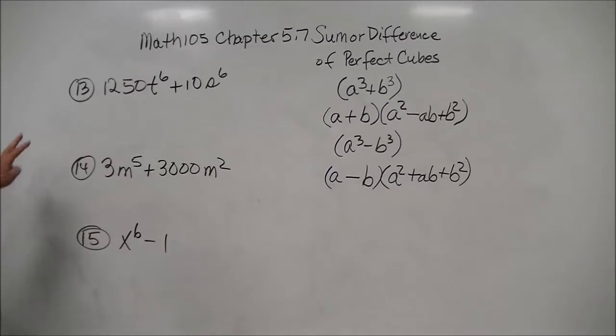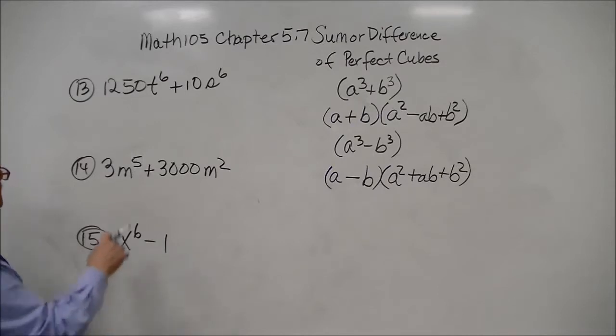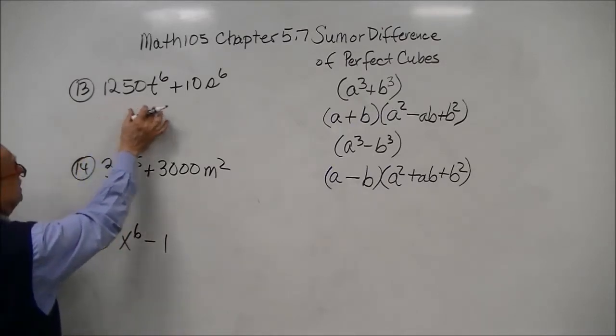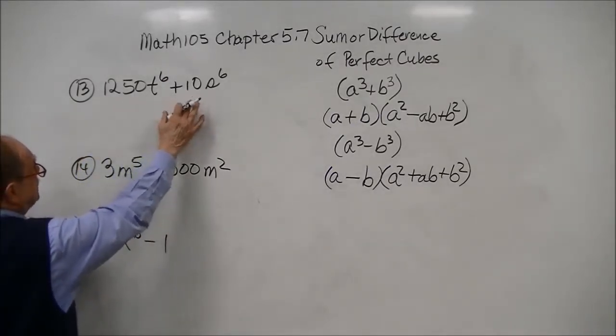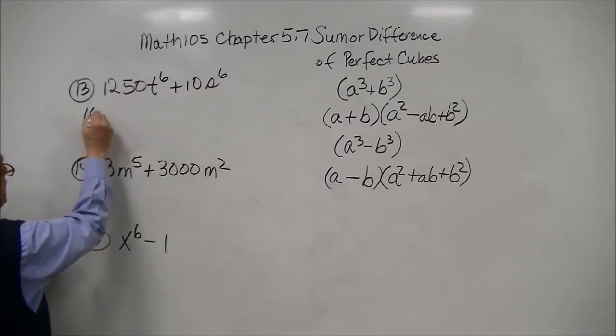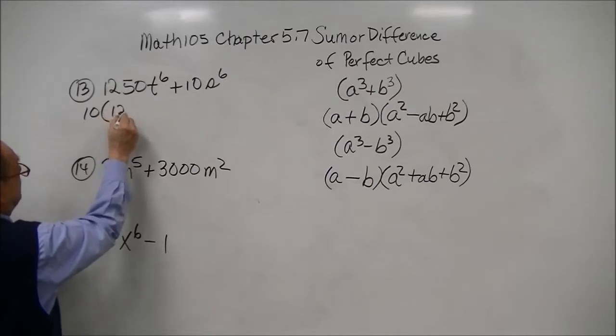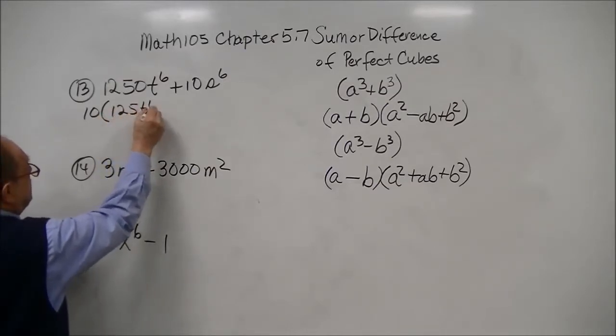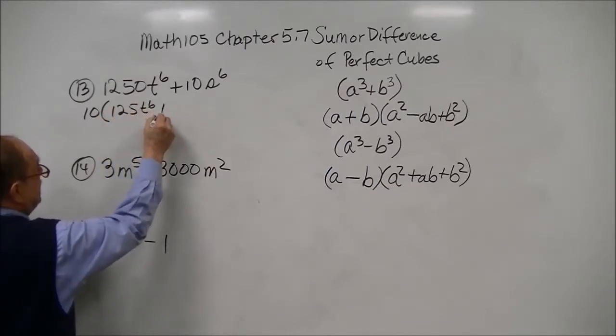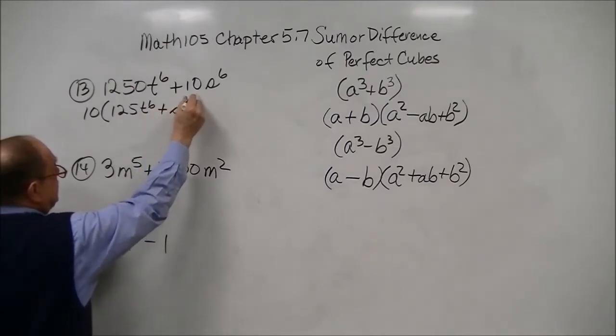Now in these next few, kind of tricky things, but let's see what we can do. So here we see there's a common factor of 10. And then this gives us 125 t to the 6th plus s to the sixth.